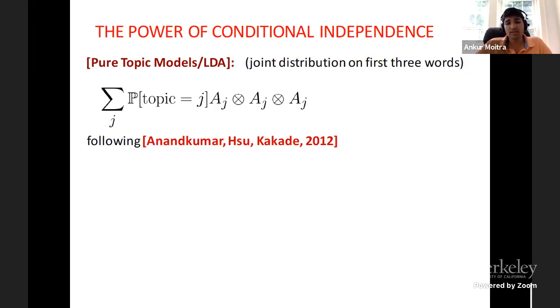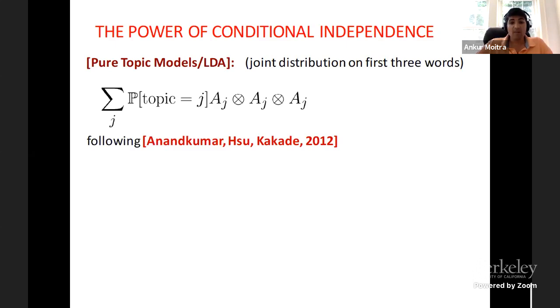The way that you think about these documents as being constructed is that there's some underlying set of topics, and each topic is a distribution on words. Each time you generate a document, you choose one of the topics at random. Then once you've chosen the topic, you sample words from that corresponding distribution on words, and that's your bag of words in your document.